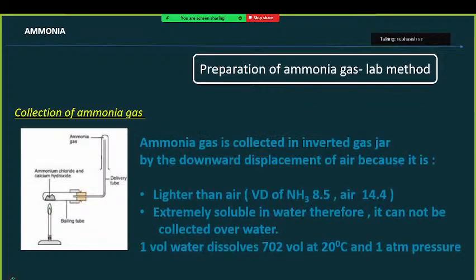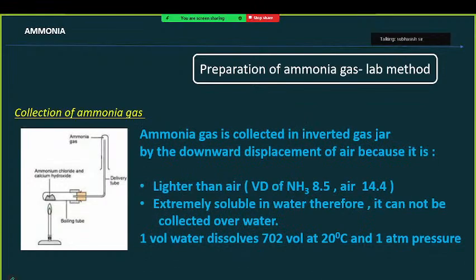Ammonia gas is collected by the downward displacement of air. Already you have mentioned that it is lighter than air. Vapor density is 8.5, that of air is 14.4, and it can't be collected by the displacement of water also, because it is extremely highly soluble in water.